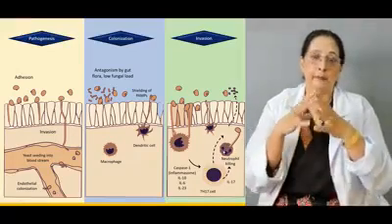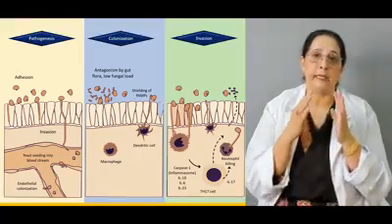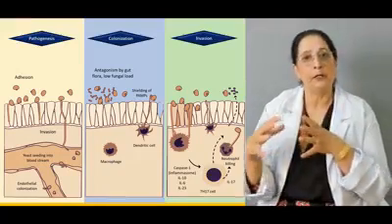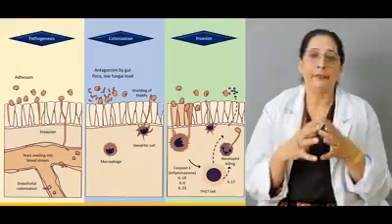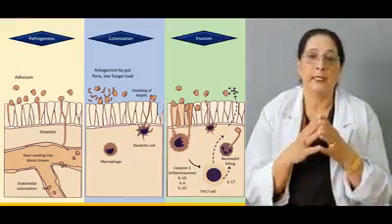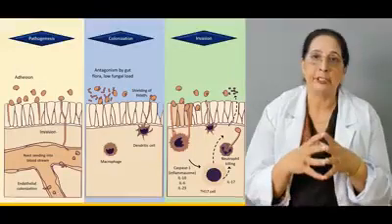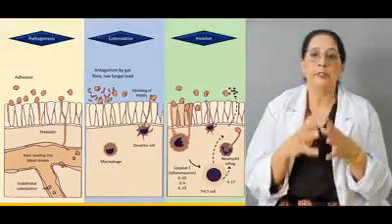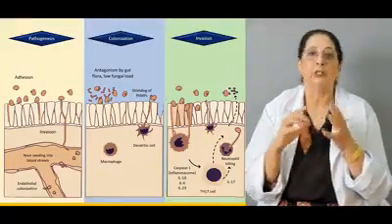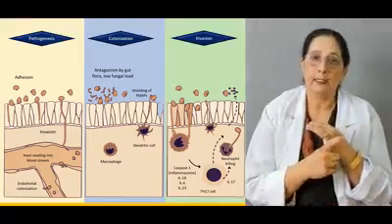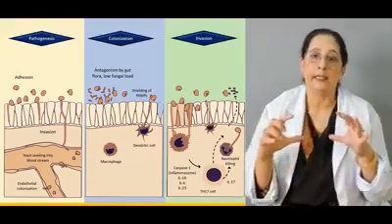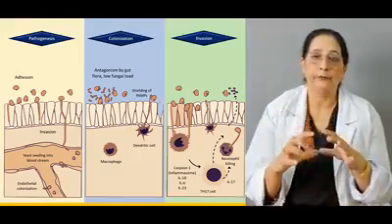So if we summarize these 3 steps, all together that's the pathogenesis of candidiasis, how the candidal infection develops. First, there is adhesion of the candida to the host cells, to the lining of the host.